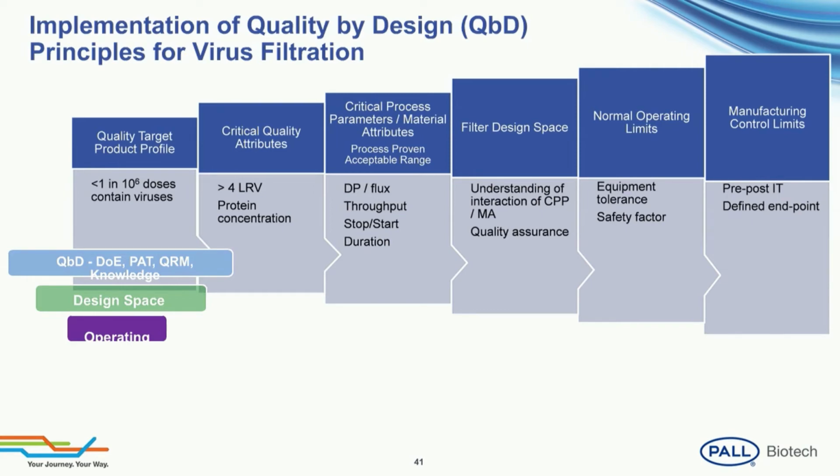You would consider which critical quality attributes, critical process parameters, and material attributes associated with virus filtration could have an impact. Partnering early with a supplier can play a significant role by assisting with prior knowledge assessment and helping with the risk assessment of critical process parameters and material attributes.